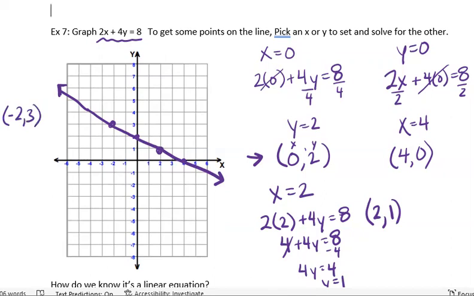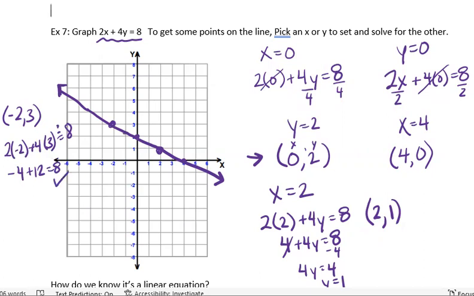Let's see if it is. We could plug it in. We could say 2 times -2 plus 4 times 3, is that equal to 8? This is negative 4 plus 12. And yes, 12 minus 4 is 8. So that works.